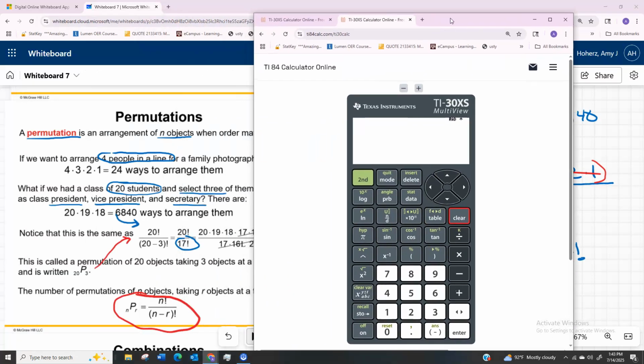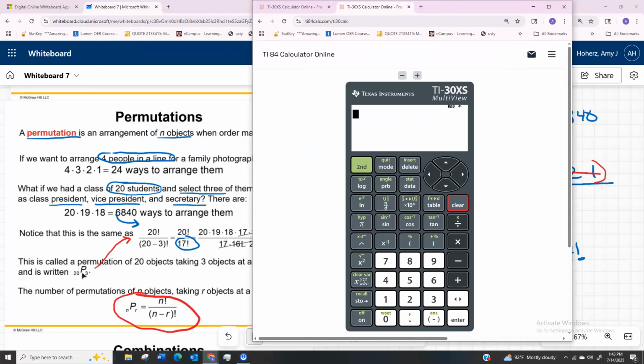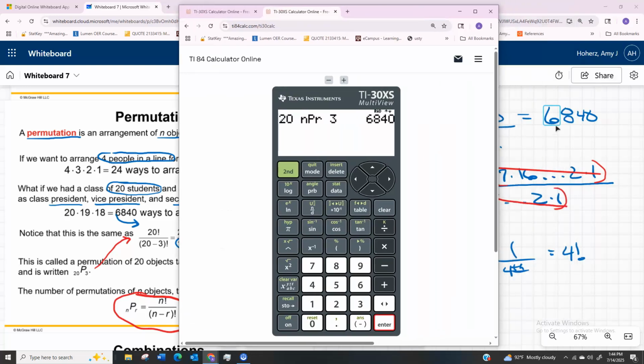So if I want to do 20P3, I first type in the 20, then I hit the probability key, and you can see the first one is nPr. I'm going to hit enter, and then the 3, and hit enter again. So 6,840. It's the same number that we got before.